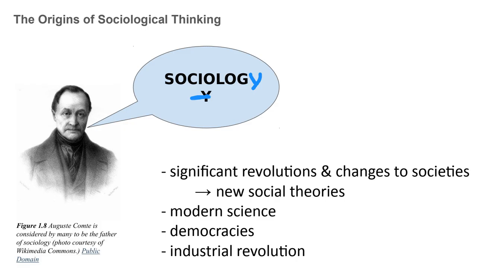Your online textbook describes three major changes that drove the creation of sociology. One is the creation of modern science. The other is the emergence of democratic governments, specifically, for instance, the revolutions in America and Europe, the French Revolution in particular. And the third is the Industrial Revolution.